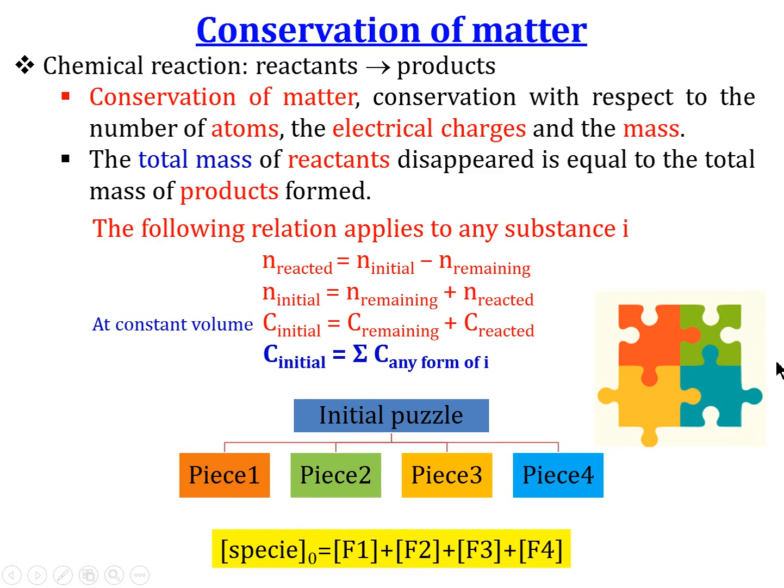So the initial concentration of the puzzle is equal to the concentration of piece 1 plus concentration of piece 2 plus concentration of piece 3 plus concentration of piece 4. So if you have a substance initially that is transformed to several forms, the initial concentration of this substance is equal to the sum of the concentrations of all forms of it.